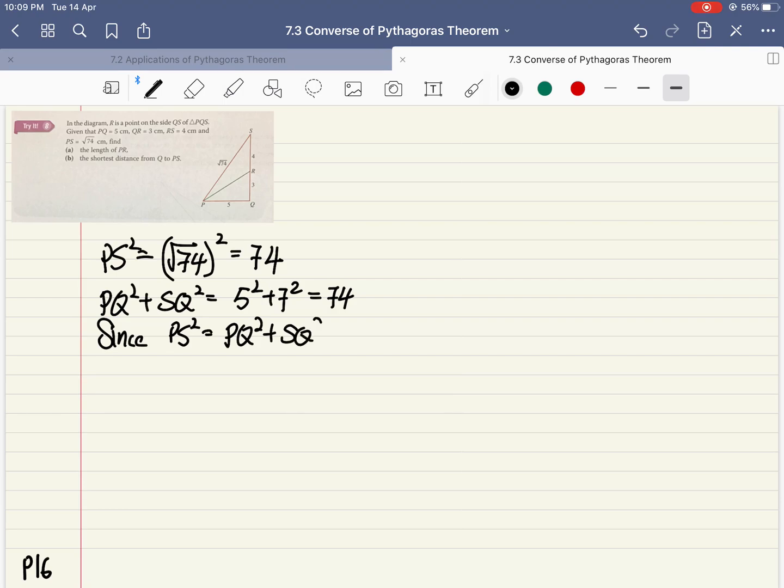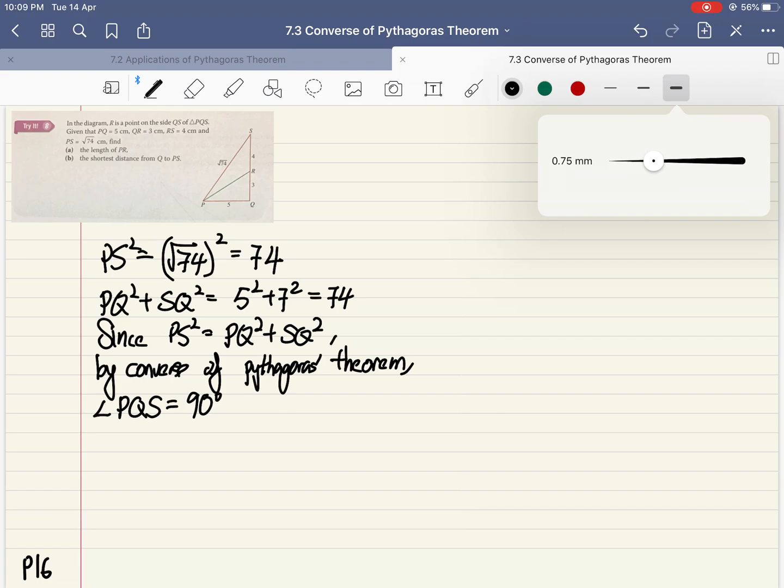So I'll say this: since PS square is equal to PQ square plus SQ square, by the converse of Pythagoras theorem, angle PQS is equal to 90 degrees.